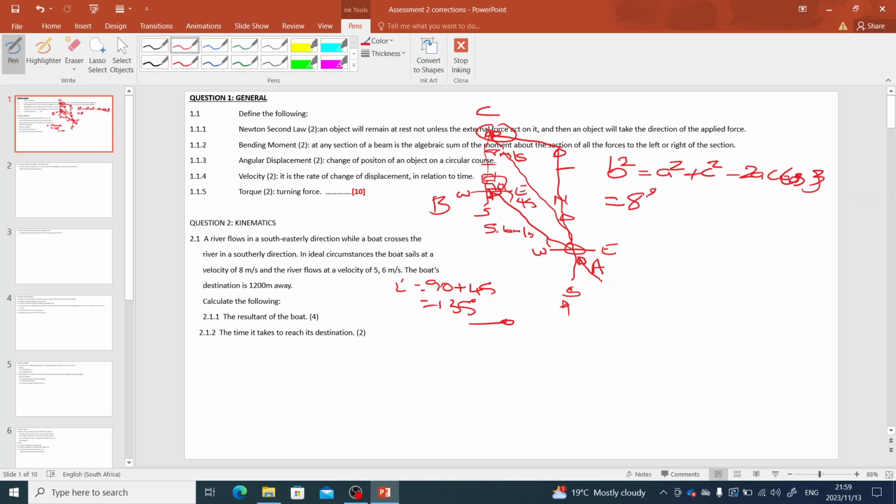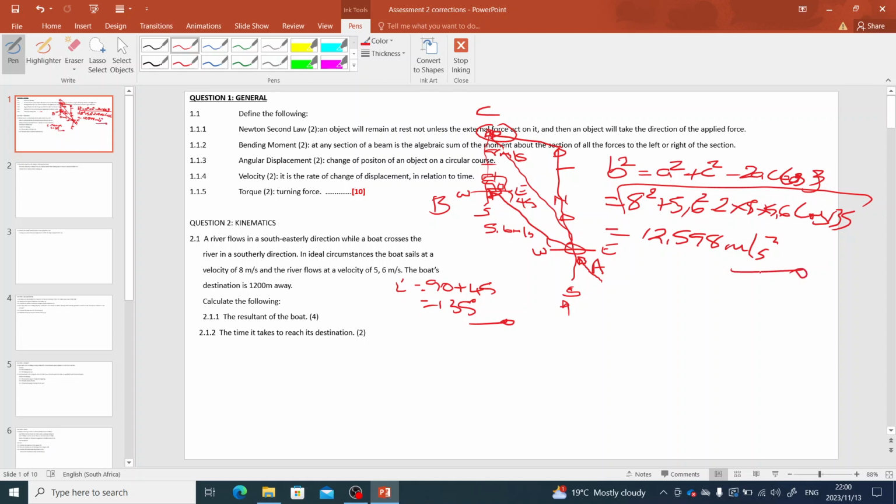It means it is the square root of 8 squared plus 5.6 squared minus 2 times 8 times 5.6 multiplied by cos 135. Then I get my answer as 12.598 meters per second. If you've used the cosine rule, this is how you were supposed to have done it.